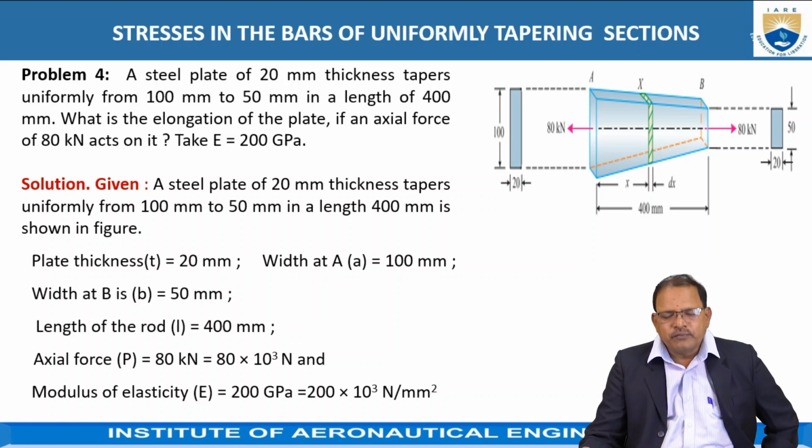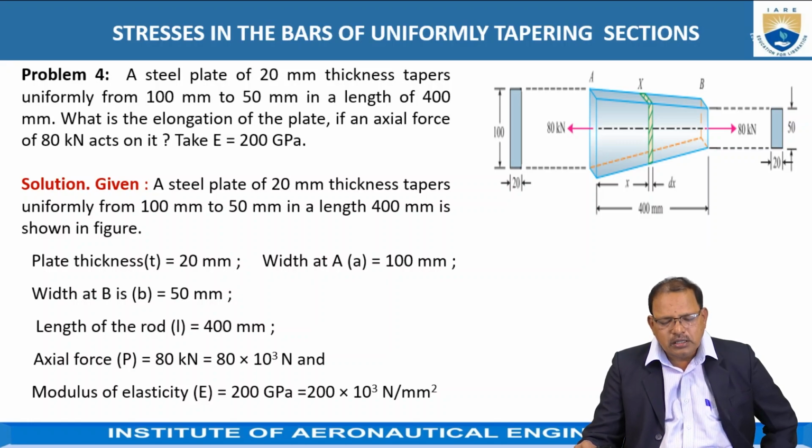A steel plate of 20 mm thickness tapers uniformly from 100 mm to 50 mm in the length of 400 mm. What is the elongation of the plate if an axial force of 80 kilonewtons acts on it? Take E is equal to 200 gigapascal.